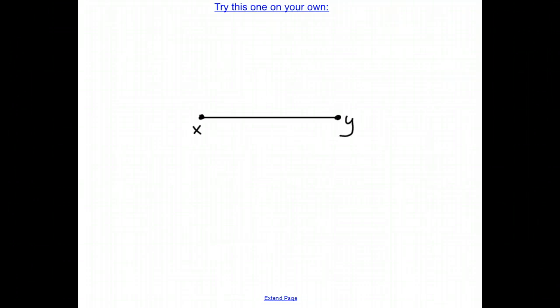The more you practice using the compass, the better you are, the more confident you are, and the better you can understand the process to do these 6 constructions. We've talked about the first 4 already. Try this problem on your own. Find the perpendicular bisector of XY. And we can talk about the last 2 constructions next time.